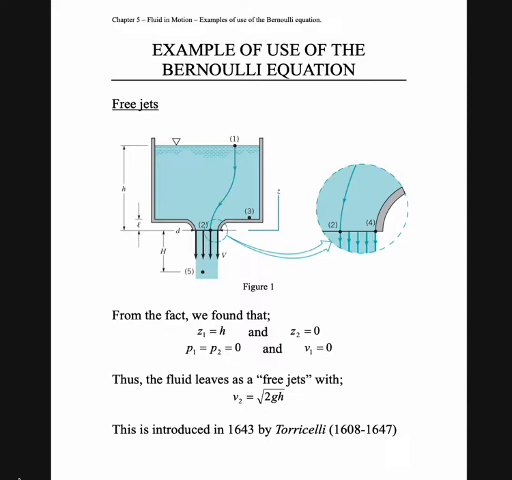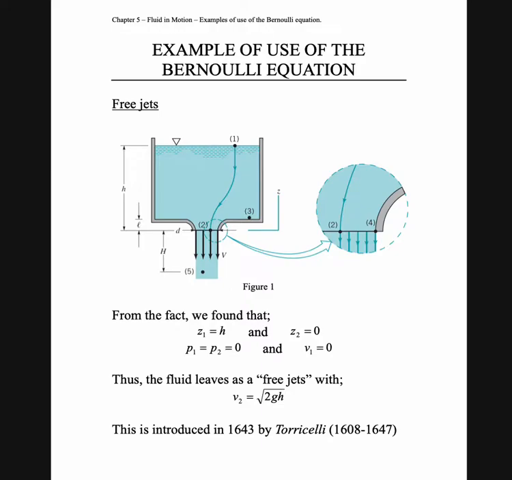So in this slide, I would like to share with you a few examples of use of the Bernoulli equation. So the first application, we call it a free jet. A free jet means we have the fluid flow, the liquid moving at a certain velocity in the atmospheric pressure.